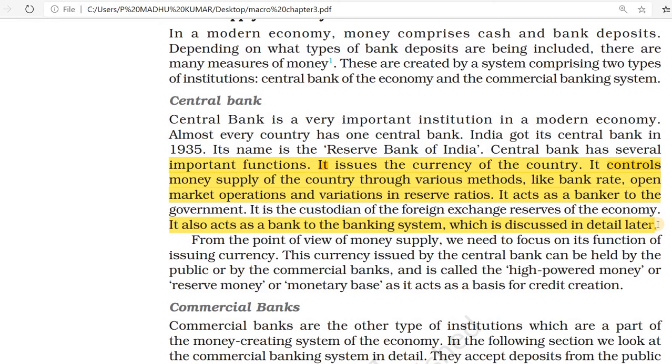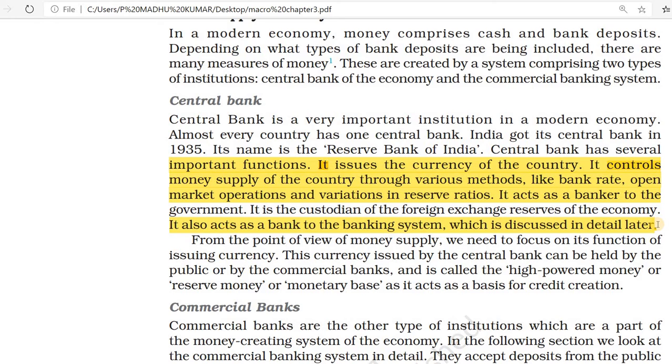The Central Bank of India performs the same functions as commercial banks do for their customers. It receives deposits from the government and gives loans to the government when needed. It receives and makes all payments on behalf of the government.